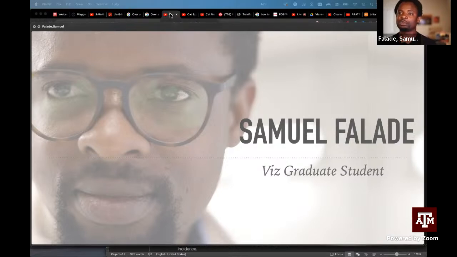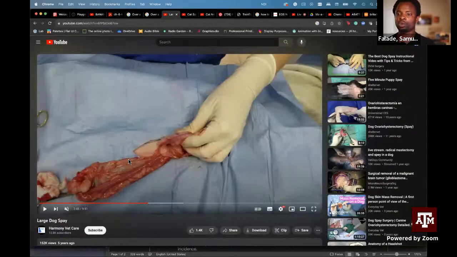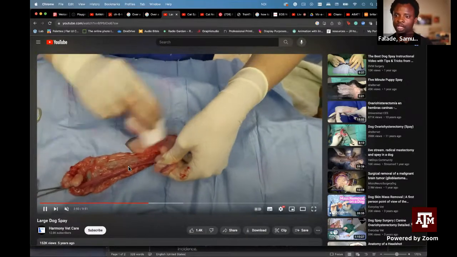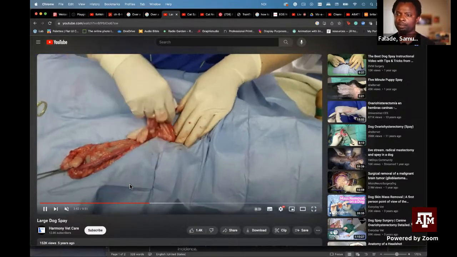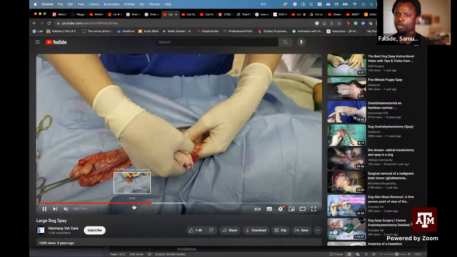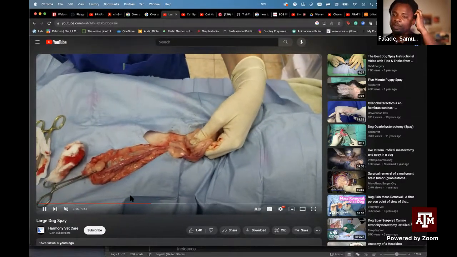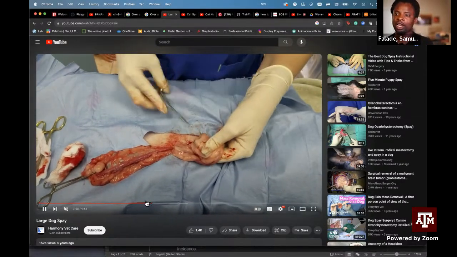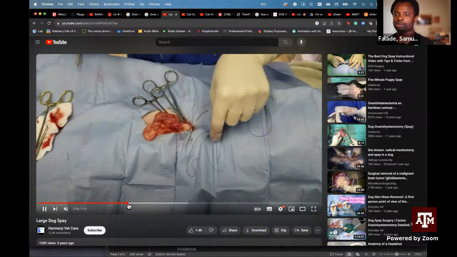So for example, here is what cat spaying looks like. I think this is actually a dog. Yeah, so this is spaying for a large female dog.